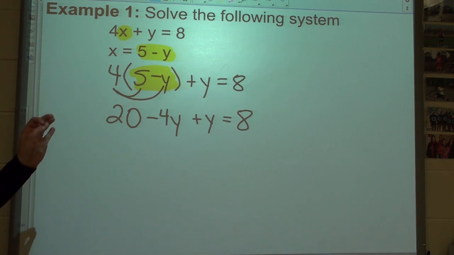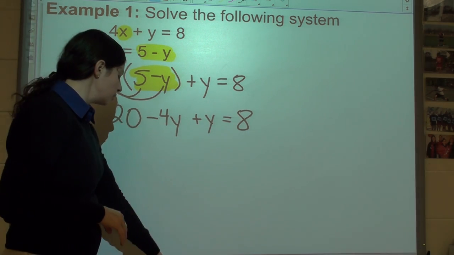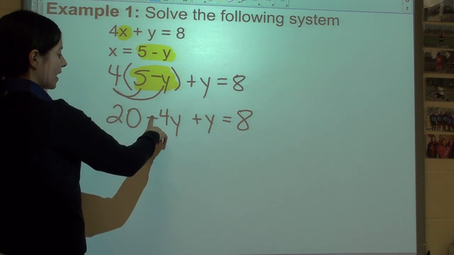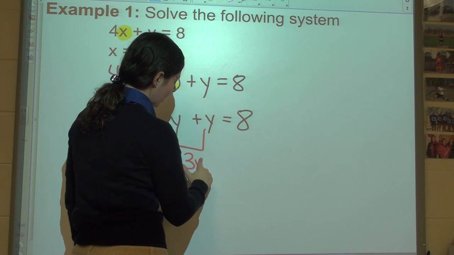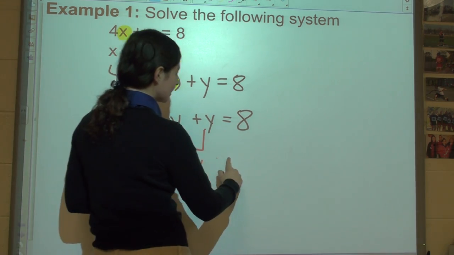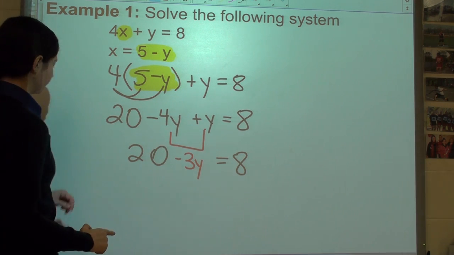Now that I only have one variable, I can go ahead and solve the way I'd solve any regular equation. First thing you're going to want to do is combine your like terms. Negative 4y plus y is going to be negative 3y. I'm going to bring everything else down, so I've got an equals 8 over here, and a 20 over here.